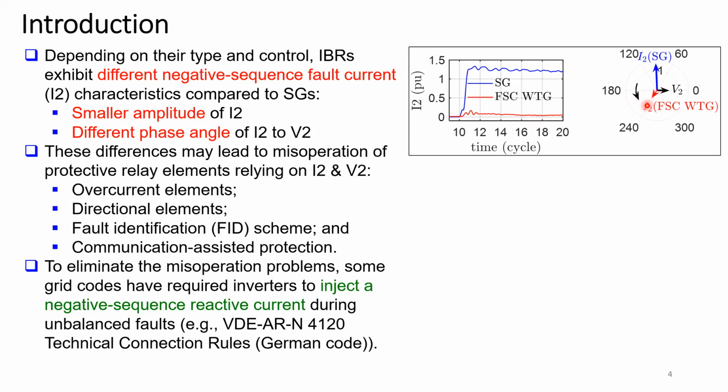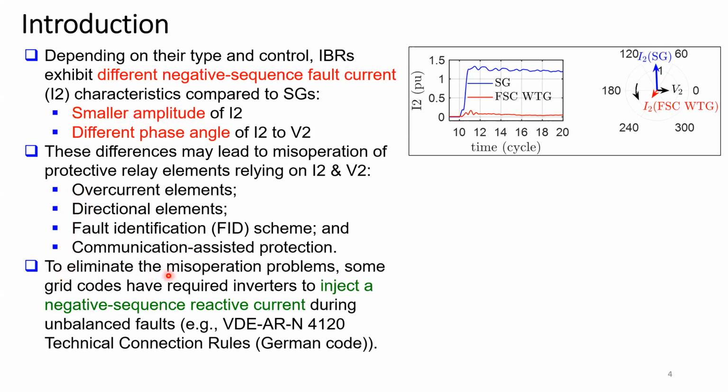Also, the phase angle of the negative sequence current under a type 4 wind turbine generator is different than that under a conventional synchronous generator. These two differences may lead to misoperation of protective relay elements which use the amplitude and phase angle of I2. These elements include the overcurrent element, which uses the amplitude, the directional element, which uses the phase angle, and other protection functions such as fault identification and communication-assisted protection, which use these two elements.